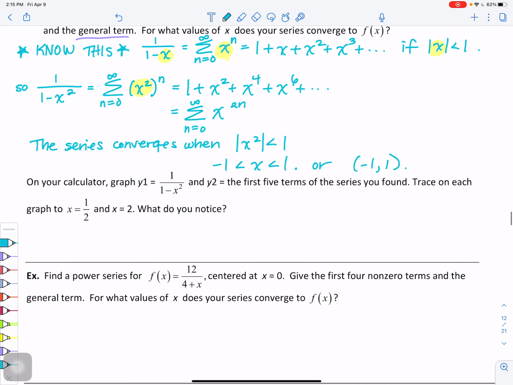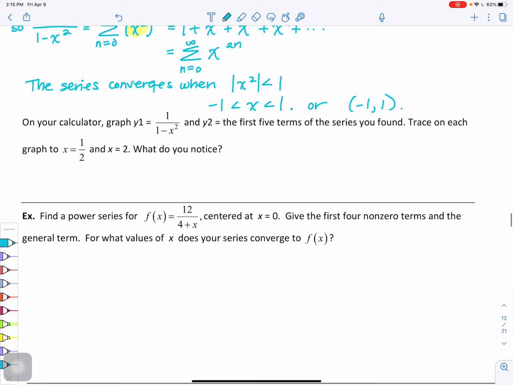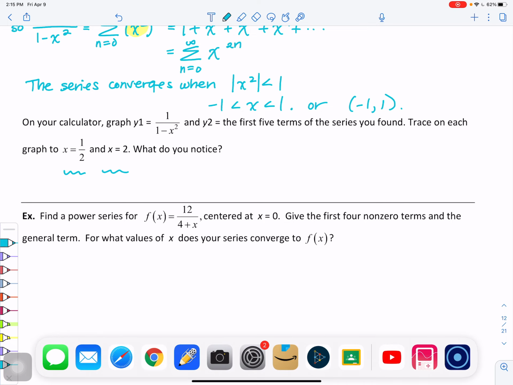Okay. On the calculator, we're going to graph 1 over 1 minus x squared. And then we're going to let y2 be the first 5 terms of the series we found. And trace that on a graph from x equal to 1/2 to x equal to 2. And what I would like you to see is this.